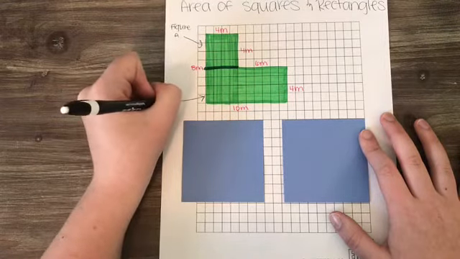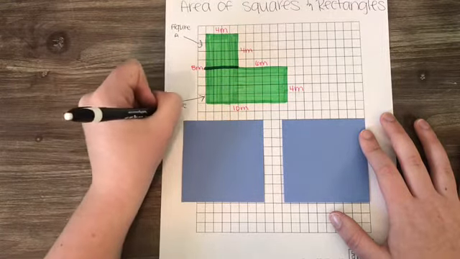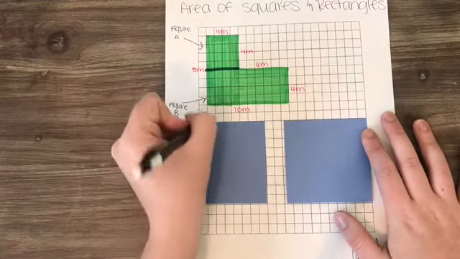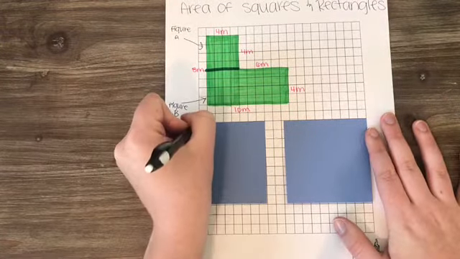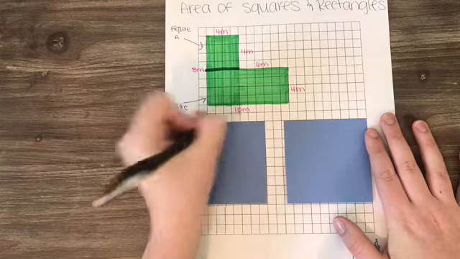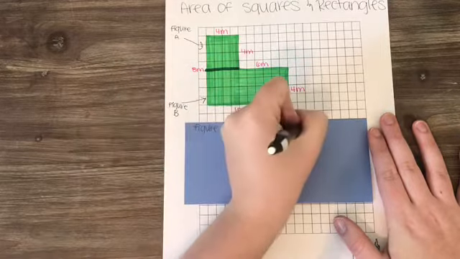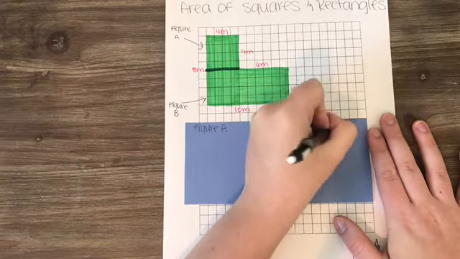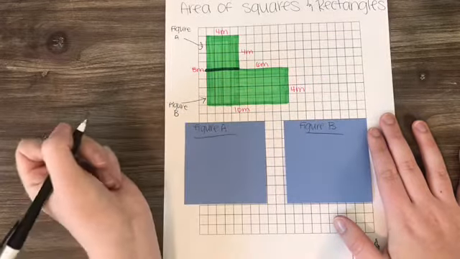And figure B, okay? And then on my sticky notes here, I'm going to write that and we're going to solve for each problem individually. So we have figure A, and that's where the problem for figure A is going to go. And then we have figure B, and that's where the problem for that one's going to go.